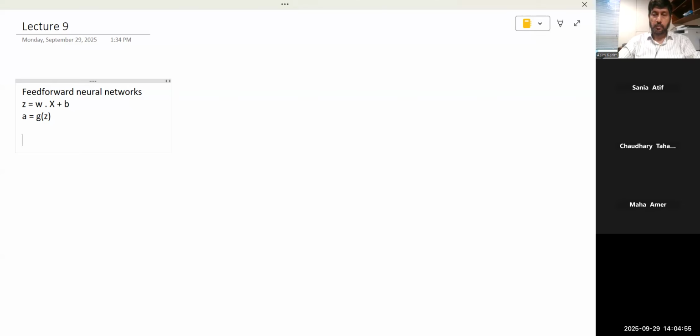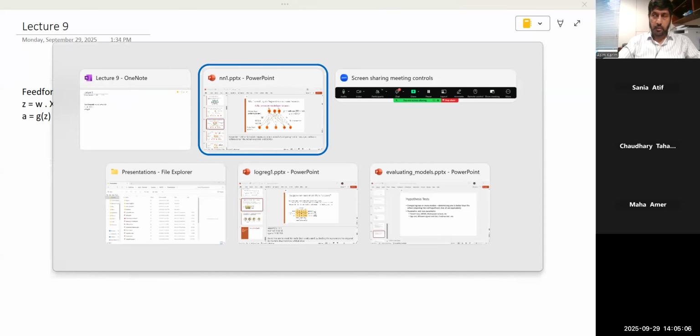If you take G to be a softmax function, then this is the equation for a multinomial logistic regression. In the context of a neural network, let me show you the figure.